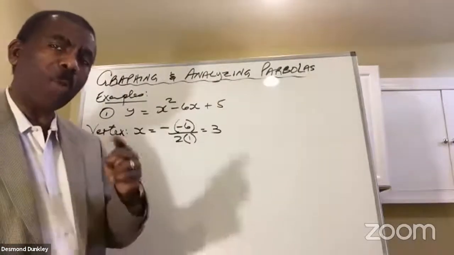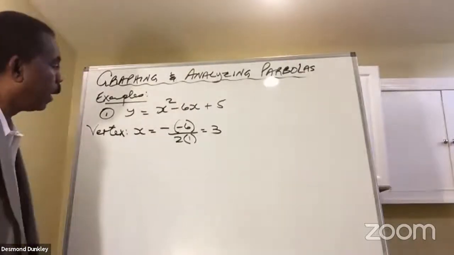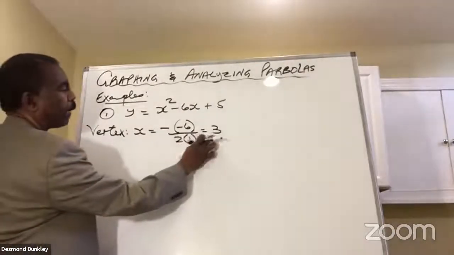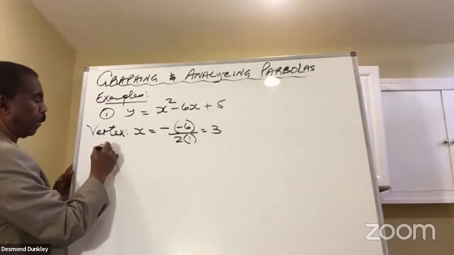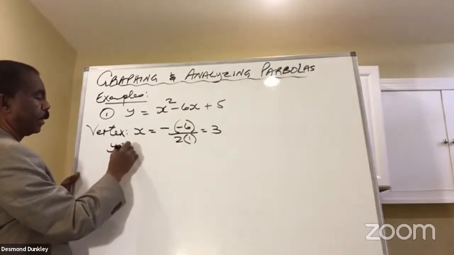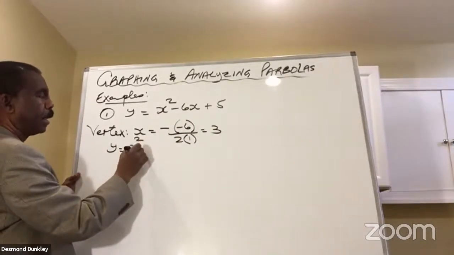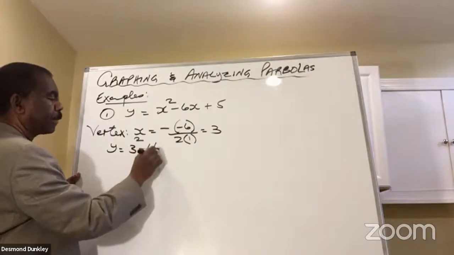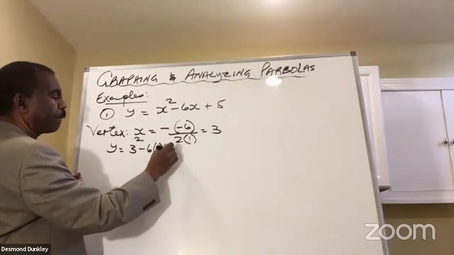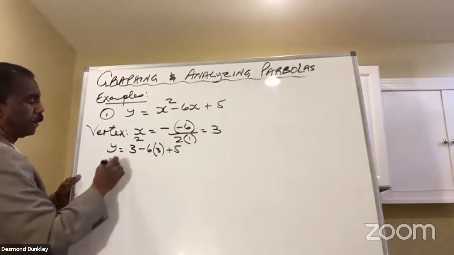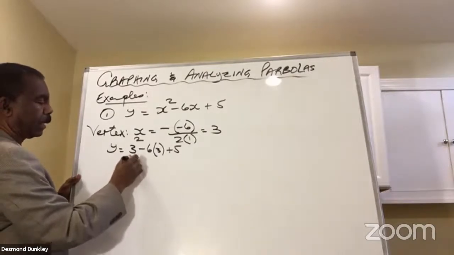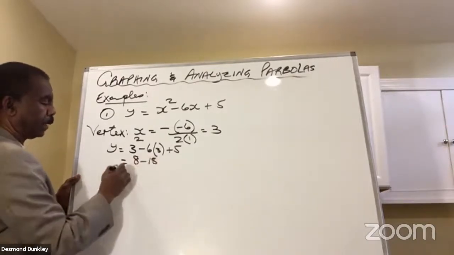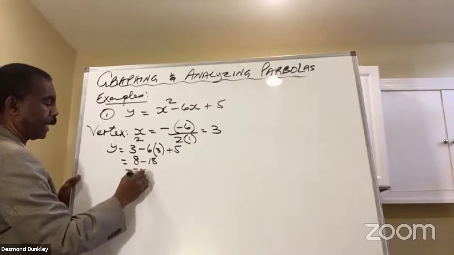Now we need to find the y value at the vertex. How do we get it? We plug in for x in this equation. We end up with y equal to 3 squared minus 6 times 3 plus 5.